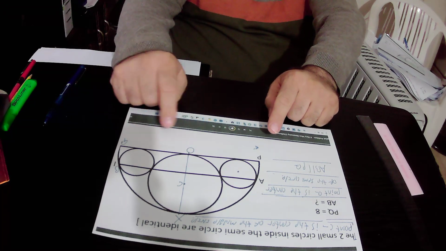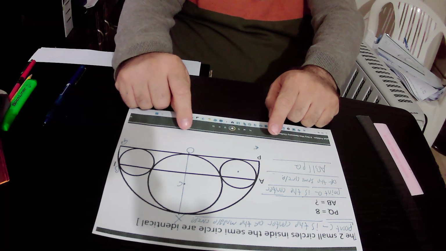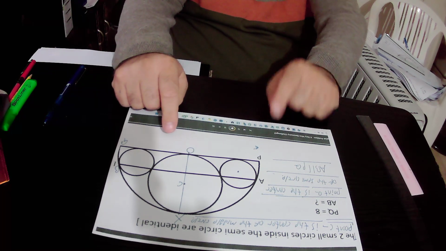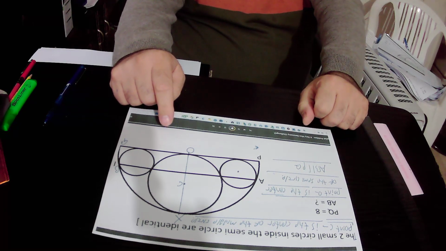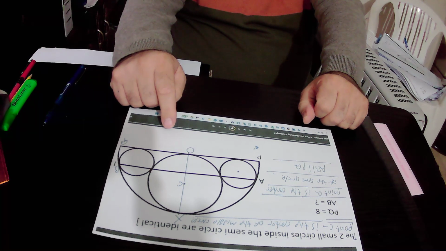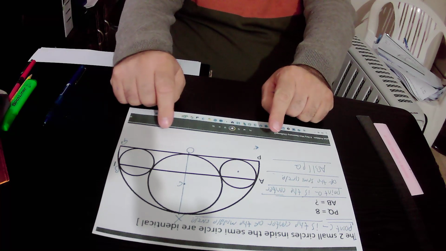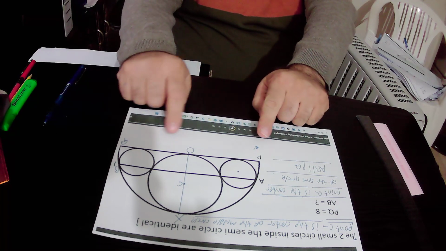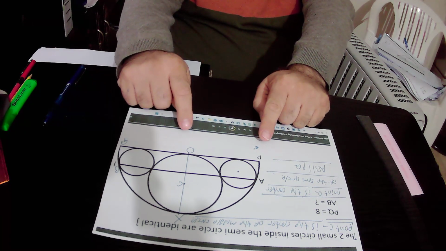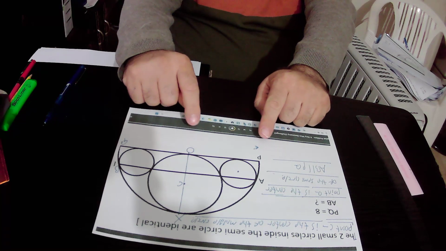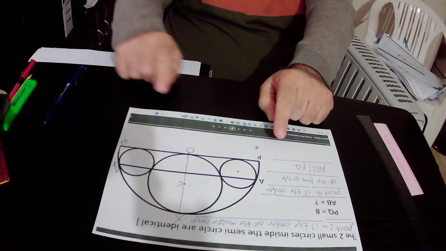So actually PQ is the diameter of this semicircle, and the diameter of any circle is twice as large as the radius. So if the diameter PQ of the semicircle equals 8 units, then the radius will be half of it, that is to say it will be equal to 4 units.